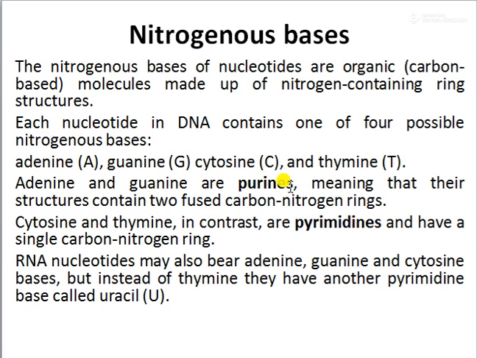Adenine and guanine are purines, as we have already discussed in the structures, meaning that their structures contain two fused carbon nitrogen rings, double ring structures. Cytosine and thymine, in contrast, are pyrimidines and have a single carbon nitrogen ring. RNA nucleotides may also bear adenine, guanine, and cytosine bases, but instead of thymine, they have another pyrimidine base called uracil.